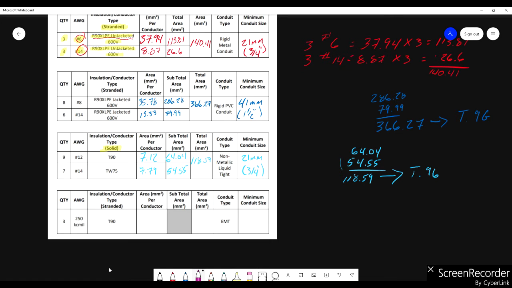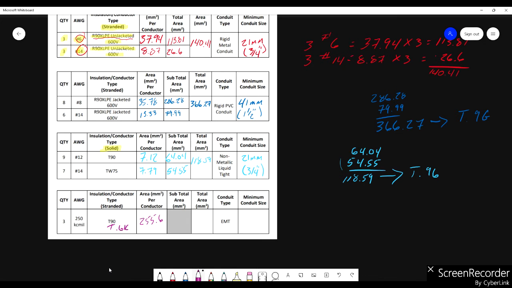Okay, so table 6K. And if you go to table 6K, and we have three 250 kc mil. It's T90. You'll see that that per conductor would occupy 255.6. Obviously, the subtotal, well, this is it.